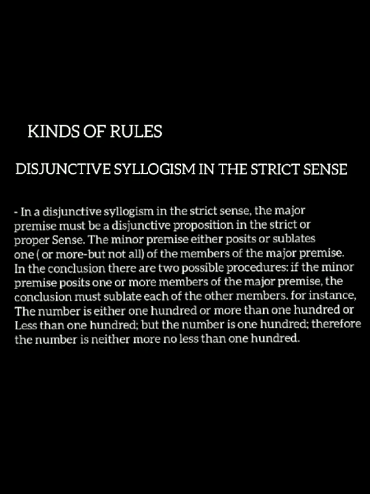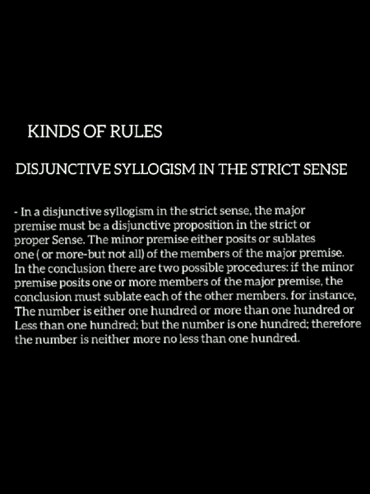Disjunctive syllogism in the strict sense. In a disjunctive syllogism in the strict sense, the major premise must be a disjunctive proposition in the strict or proper sense. The minor premise either posits or sublates one or more but not all of the members of the major premise. In the conclusion, there are two possible procedures.